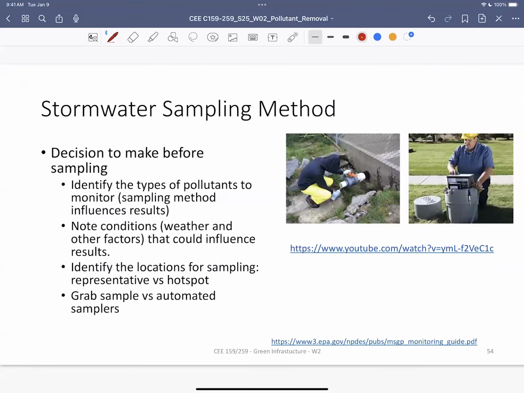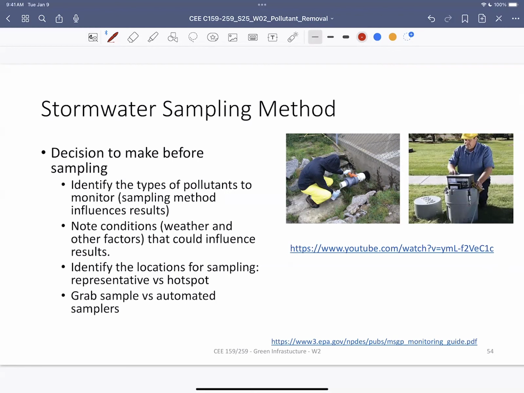All right, now that you know this, the decision making you have to think of is to identify what type of pollutants you need to monitor, so that you know what kind of sampling method you should use. Is this a composite sample or a grab sample, and also even the choice of the containers that you are going to use. Once you identify that, you also have to look at the conditions. Is this during rainfall?